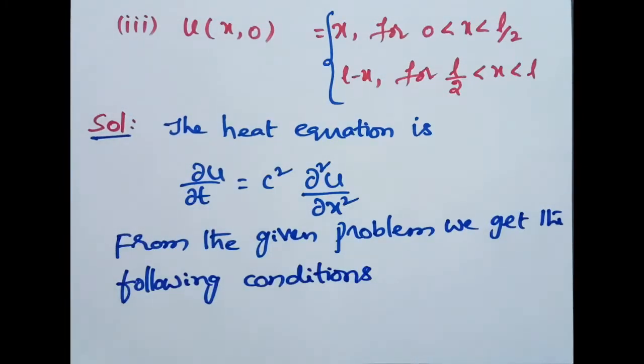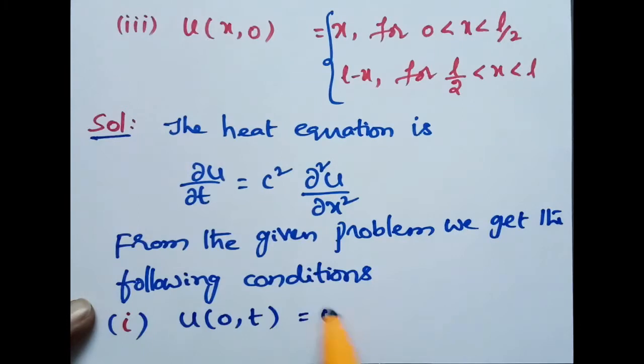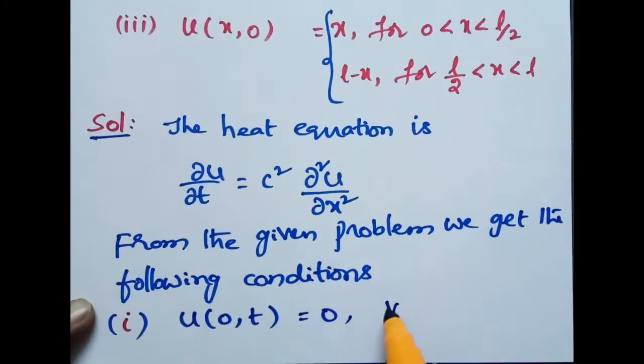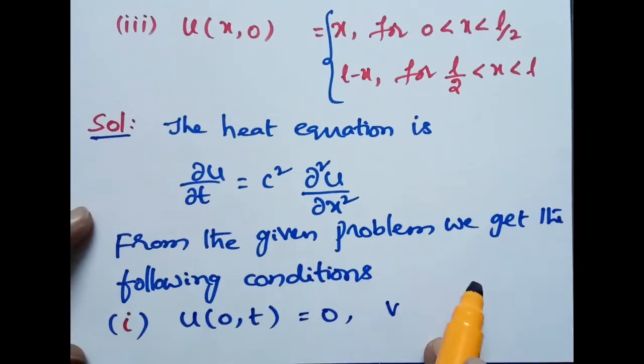First one, u of 0 comma t at one endpoint origin is equal to 0 for all t greater than 0.